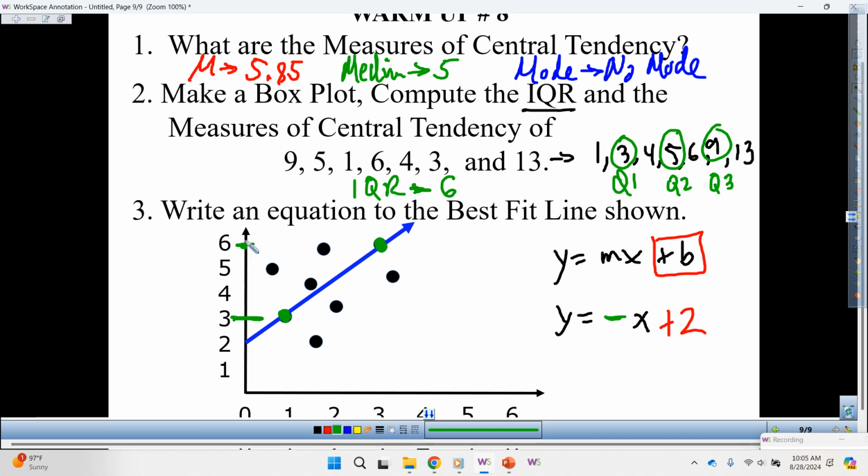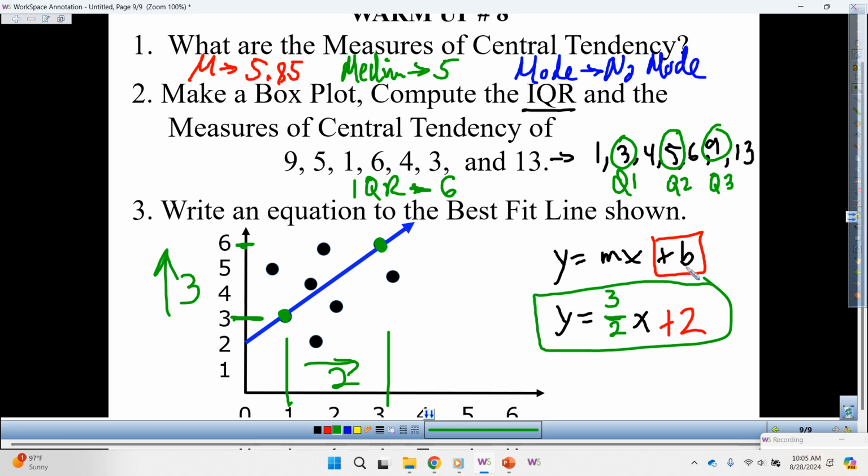Okay, but we'll leave it in fraction form. So from here to here is 3 up, is that correct? And then from here to here is 2 steps that way. So it's 3 over 2, or 1.5. Thank you, Cole. Hands if you got something like that.